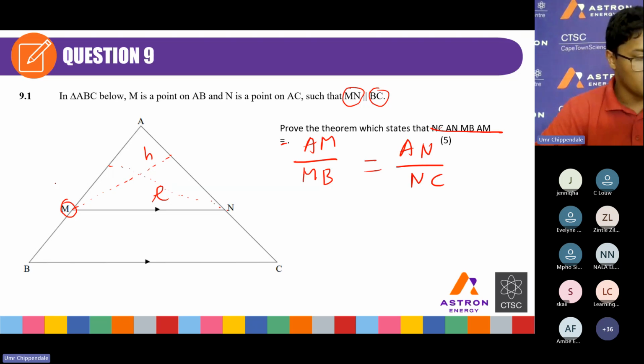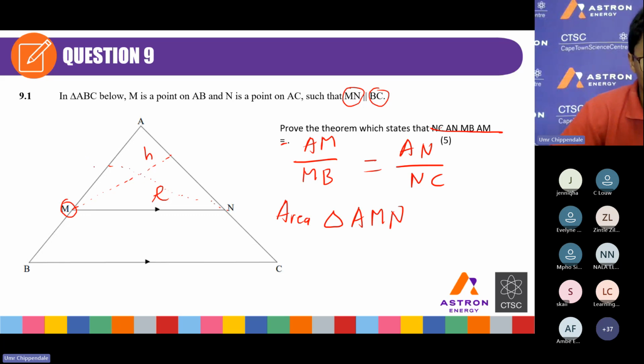So what I'm going to do is show you one of the ones that we have. In order to calculate it, we want to prove this: the area of triangle AMN, which is this entire big one over here, is going to be divided by the area of MBC, the bottom part over here.